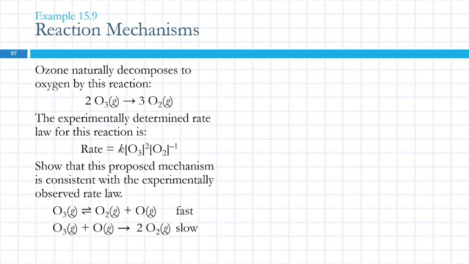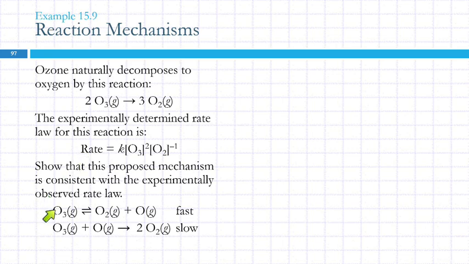So the 2 conditions are that if you add these together, it has to add up to the overall equation. It's always going to do that in questions that we hand you. You could check it, but it's fine. And then the other thing is that the rate law predicted by the slow step, by this mechanism, has to be consistent with this.